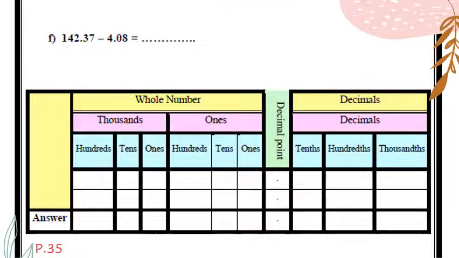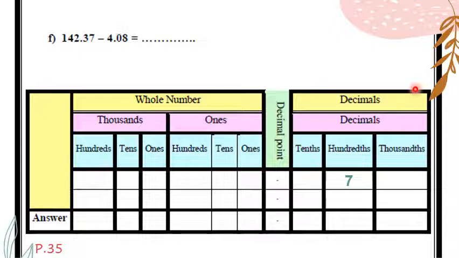Let's solve on page 35, exercise F. Here I have 142 and 37 hundredths minus 4 and 8 hundredths. I want to make the subtraction by using the place value chart. So I'm going to write each digit under its place value.